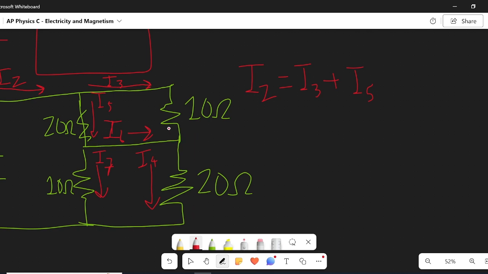So, or actually, in this case, right, I6 and I3 are combining into I4, right? So I4 actually equals I3 plus I6. And then now if we're thinking of, now I4 and I7 combine into I2, right?